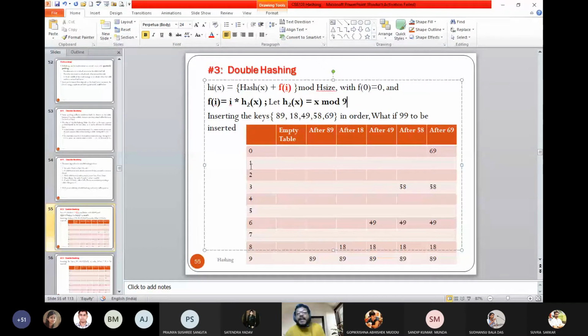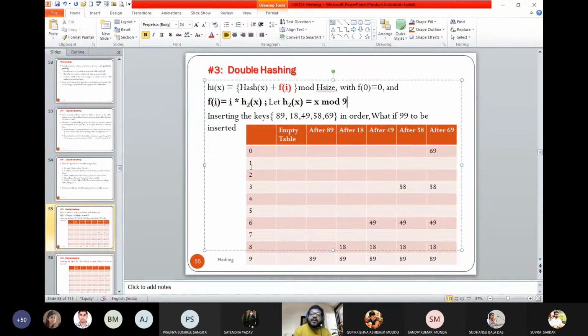So you are finding x mod 9. My key value is 49. What will be 49 mod 7? Sorry, mod 9, 49 mod 9 is 4. So 4 will be multiplied with 1, that is 4 again.